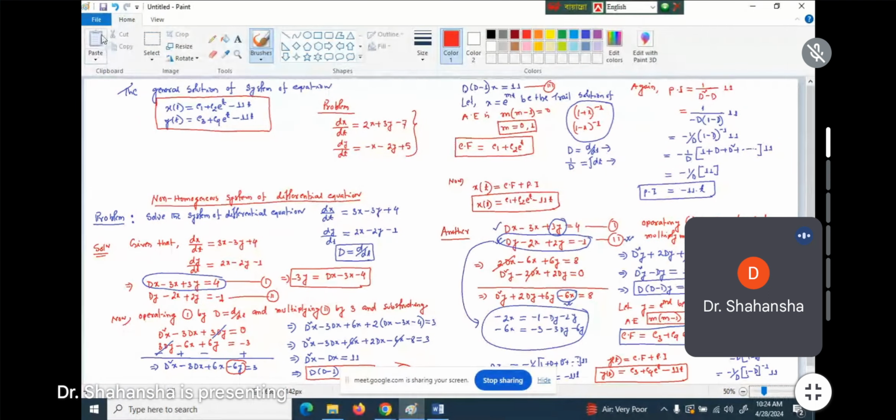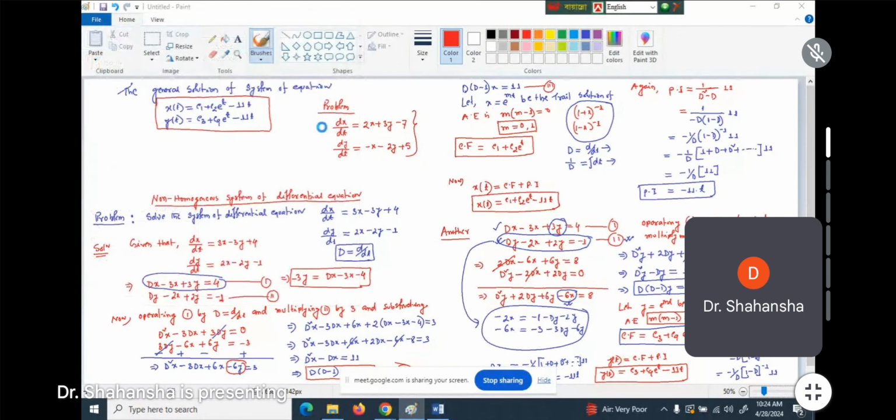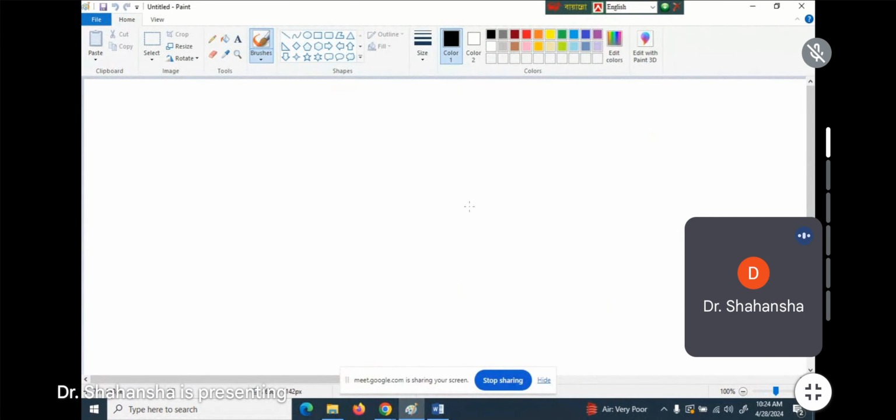Another friend has done it. Hello, friends. What is your present situation? Please help me, what do you get for y of t and x of t? Tell me, what is the x of t solution?